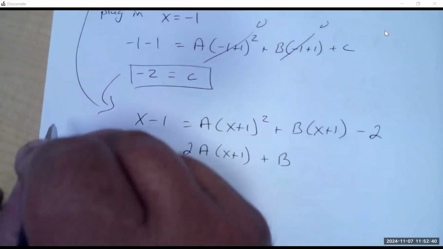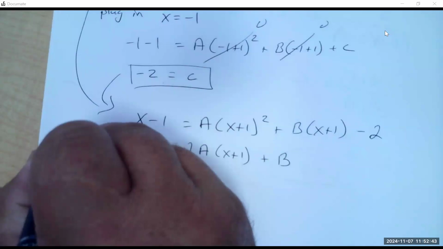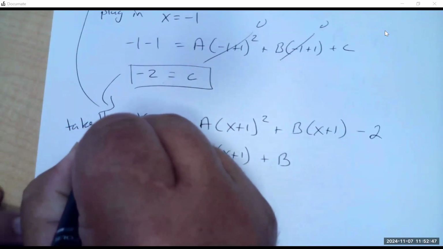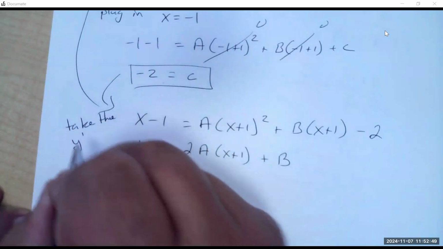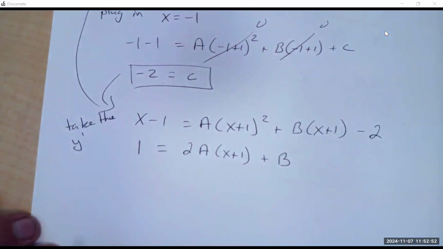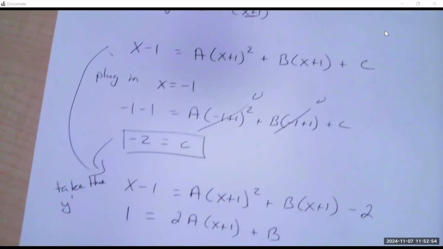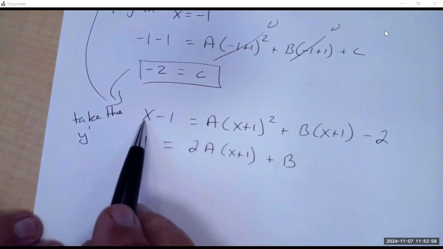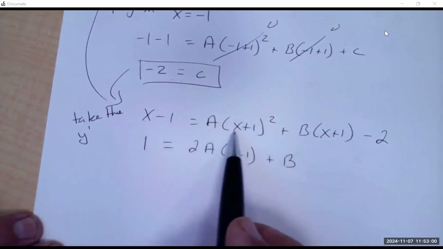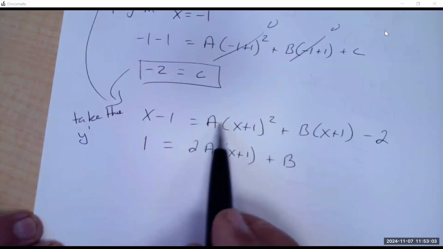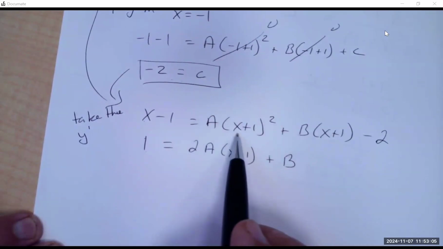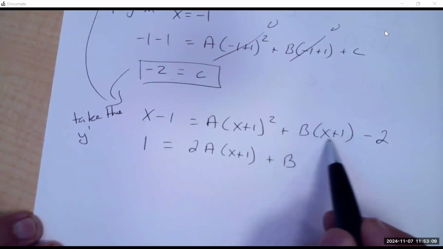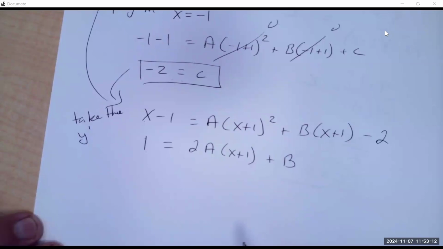So everybody see, derivative of x is 1. The a is a constant, leave it alone. So 2 comes down and times the derivative of the inside, which is 1. The derivative of this is 1.